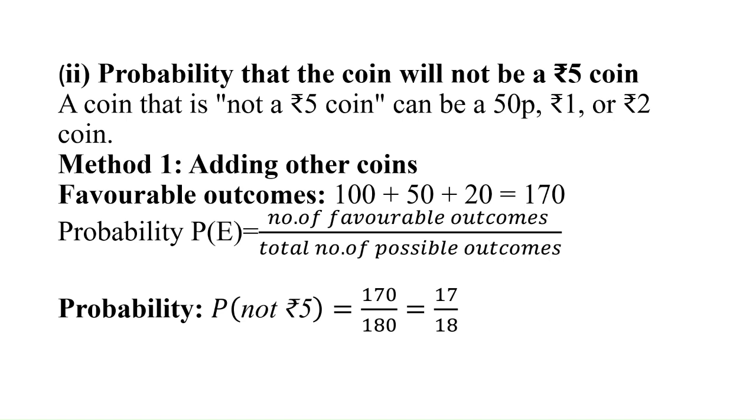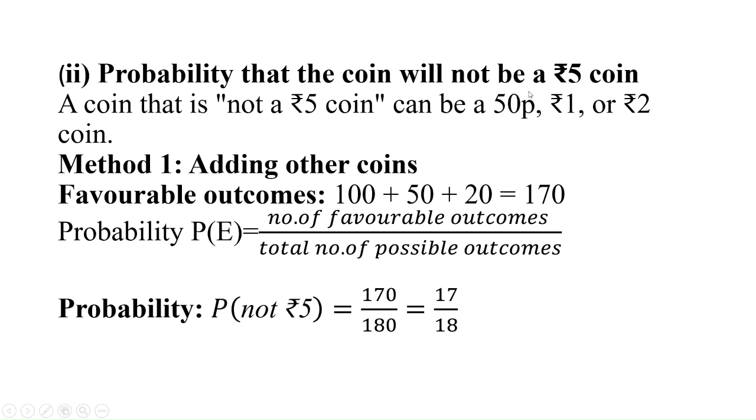So the total number of favorable outcomes becomes 100 plus 50 plus 20, because we have added the number of 50 paise coins, 1 rupee coins and 2 rupees coins. So favorable outcomes becomes 170. And how many possible outcomes are there? 180. So the probability of not getting a 5 rupees coin will be 170 by 180, because 170 is the total number of coins having 50 paise, 1 rupee and 2 rupees.